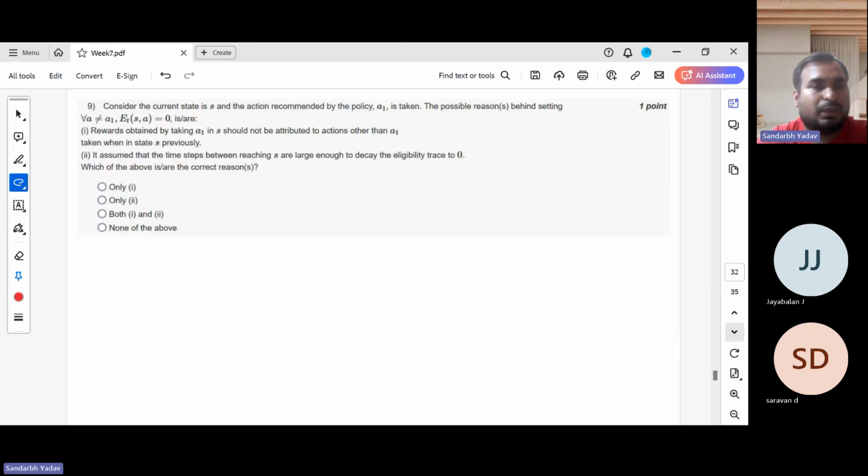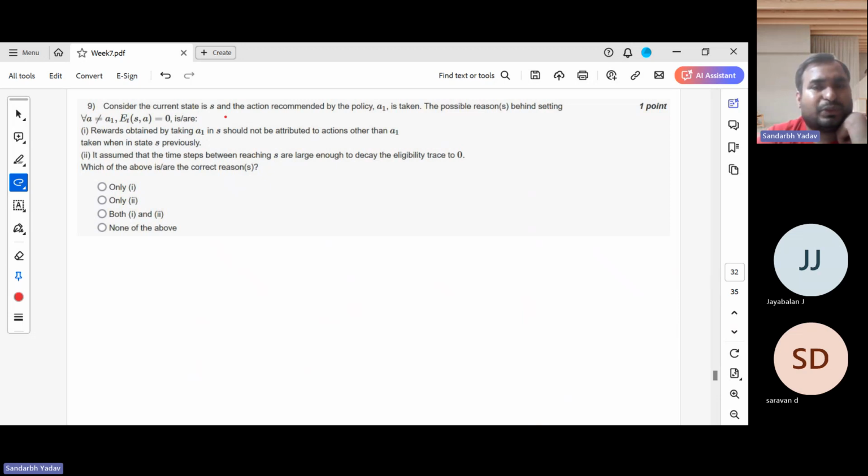So now question number 9. What does question number 9 say? Consider the current state S and the action recommended by policy, A1, is taken. The possible reason behind setting e to zero for the other actions is... Essentially this concerns the aggressive form of Sarsa lambda.